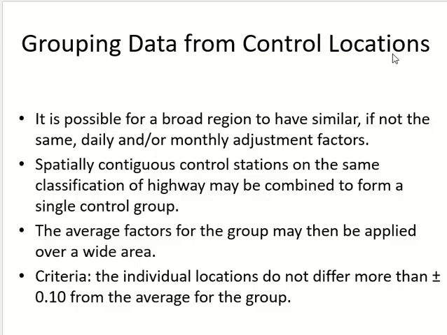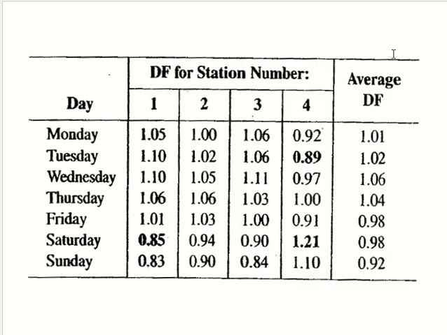Then we looked at one example of how we can combine different control stations together in the form of their adjustment factors. The rule was: if the difference between the values of the adjustment factor is more than plus or minus 0.1, you cannot combine them. If it is less or equal, we can combine them.